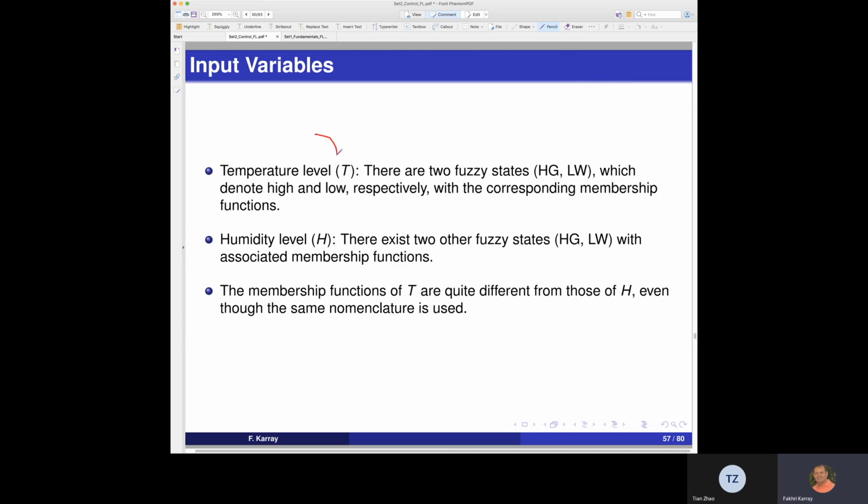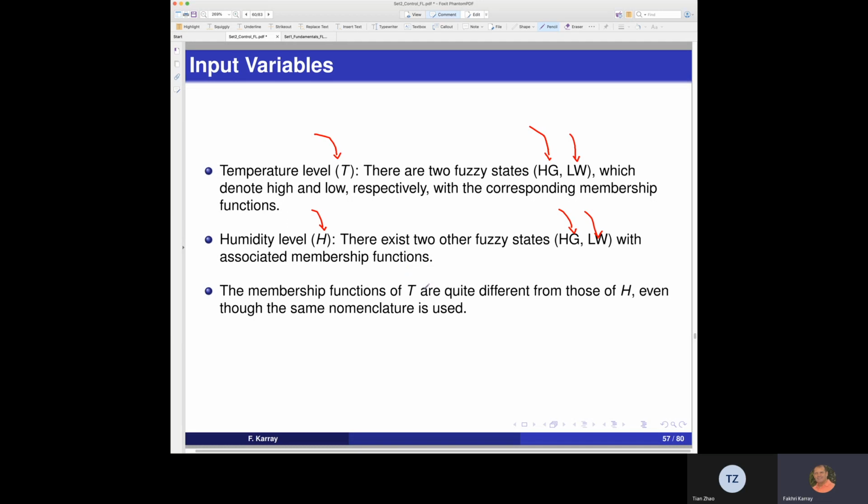So temperature level T, we are going to check two values for it: a high value and a low value. Humidity level also has high and low.